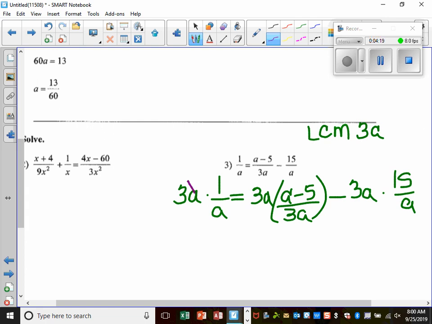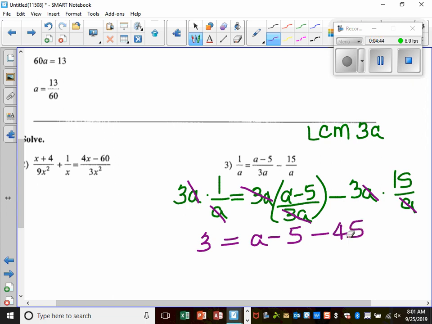Now I've multiplied by the LCM. I'm going to cancel these A's out, and I'm just going to be left with what? 3. Here I could actually cancel out the 3A's, so it just makes it one whole. So I'm going to be left with what? A minus 5. Very good. For my last terms, A's cancel out, and what is 3 times 15? 45.